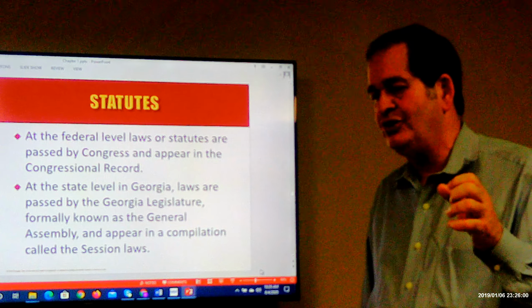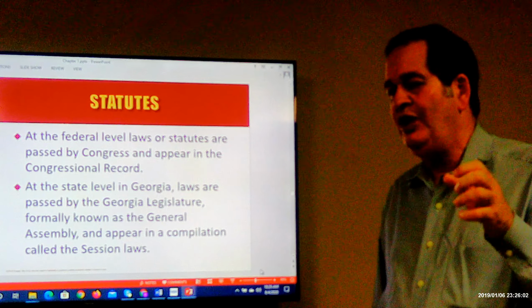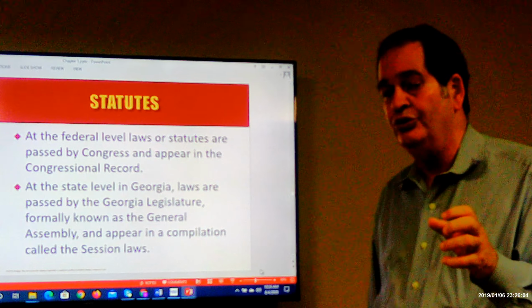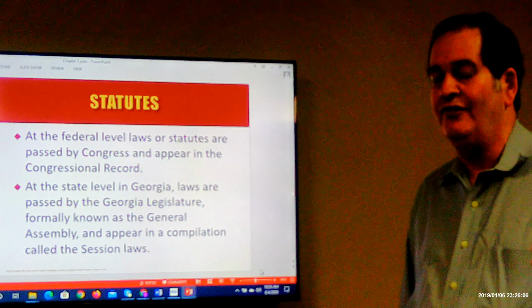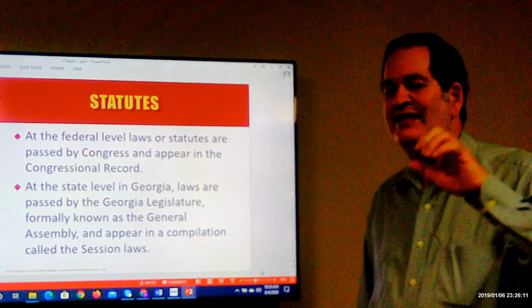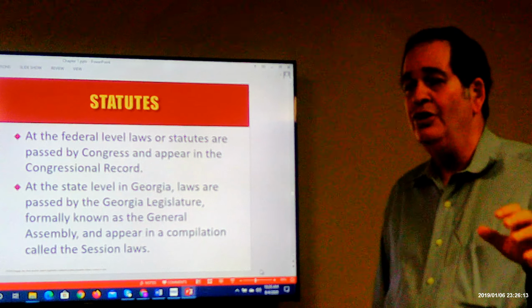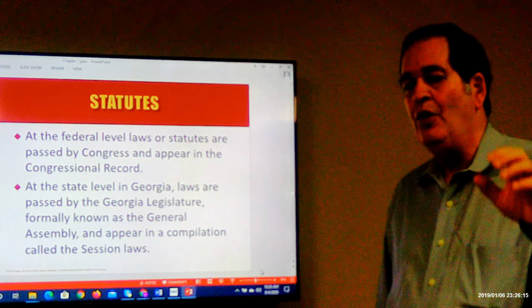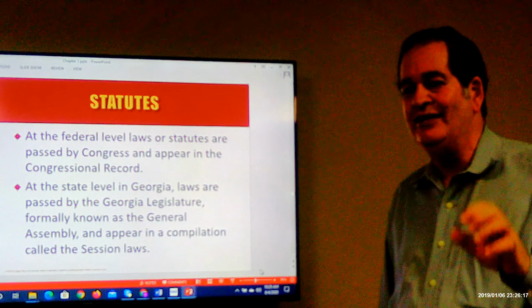So those statutes are taken and put in books called codes, and we call that process codification. We take those statutes and put them by topic. For example, in Georgia, a title is a topic.